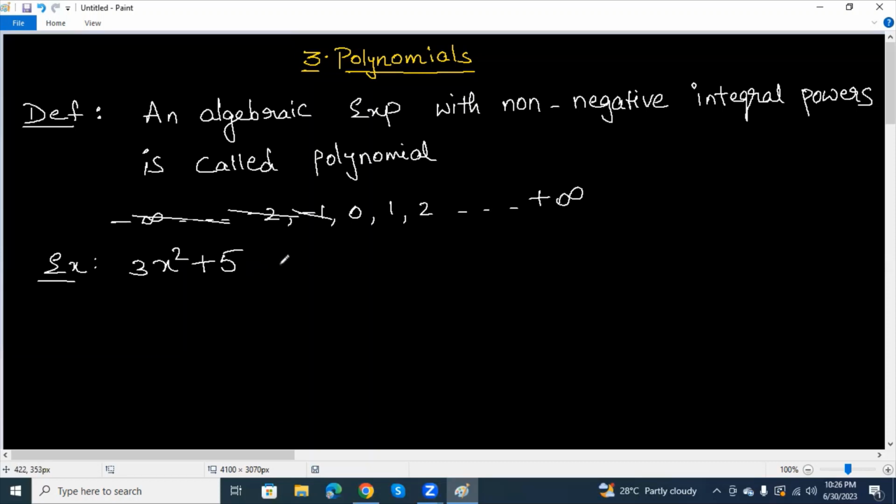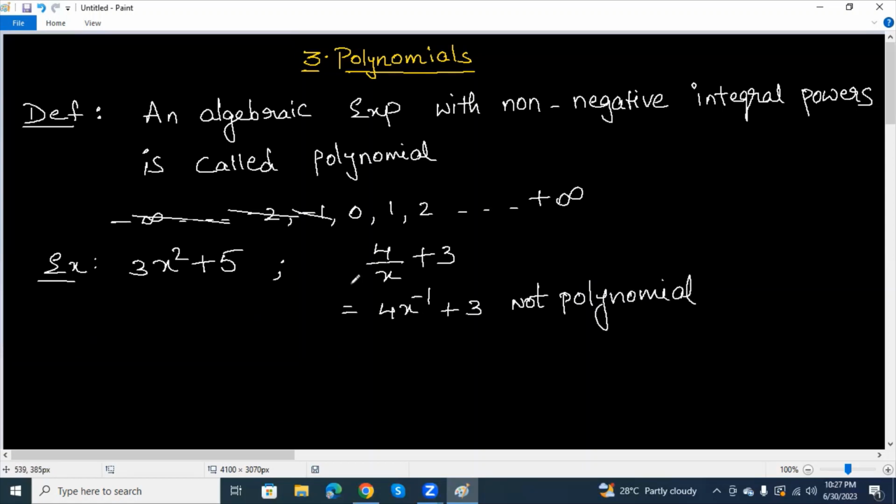And suppose like this, 4 divided by x plus 3. So what is this? We can write 1 by x as x power minus 1, plus 3. See here the variable x is having a minus 1. So it is not a polynomial.